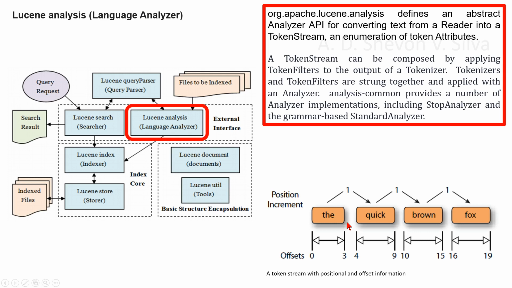As text is tokenized, the position relative to the previous token is recorded as the position increment value. Most of the built-in tokenizers leave the position increment value at the default value of 1, indicating that all tokens are in successive positions, one after the other.